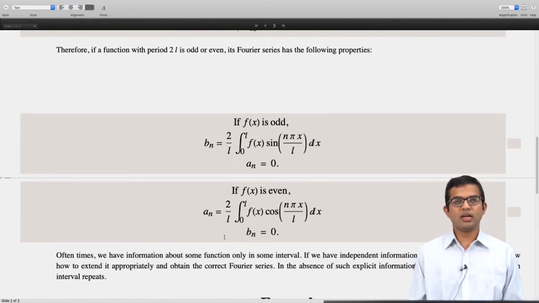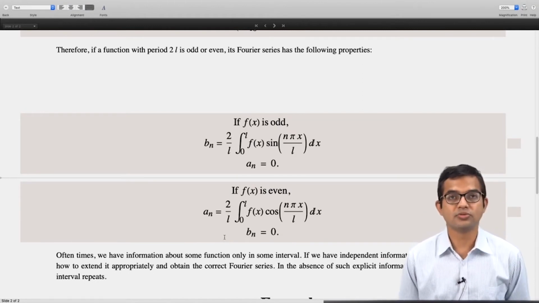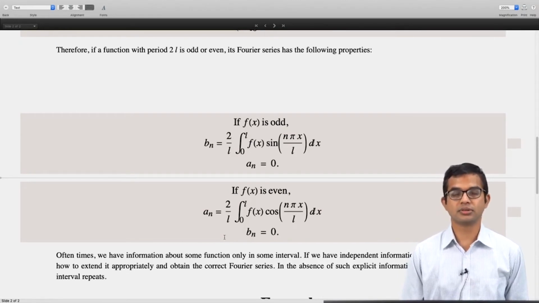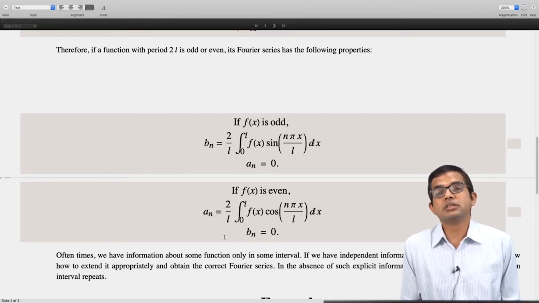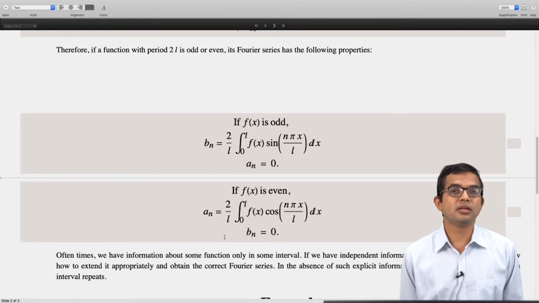Okay, so many a time, we had this discussion about piecewise continuous functions and piecewise smooth functions and so on, right? At that point, we were just looking at some function which is defined in some interval a to b, and it's not necessary that there is any periodicity about this.